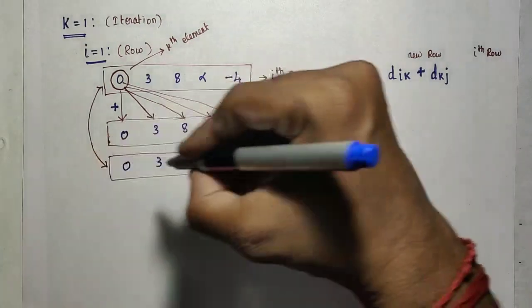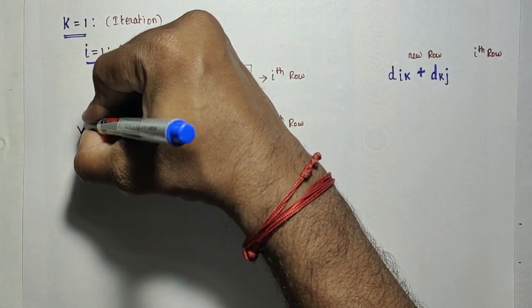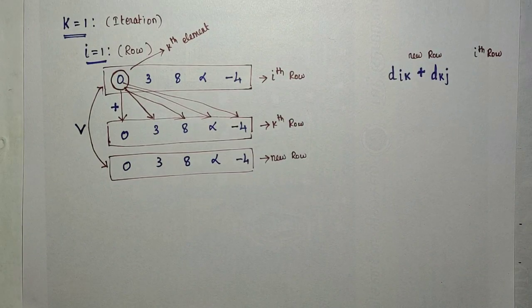So the comparison we need is whether the new row element is less than the ith row element, like that we have to do the comparison.